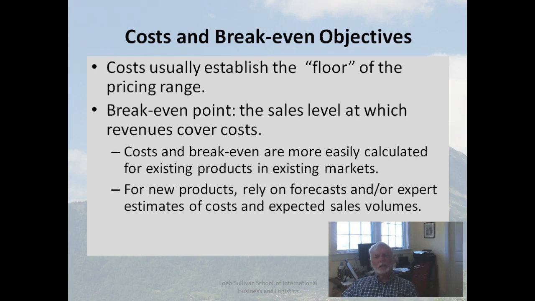And that's a fairly easy thing to calculate for existing products, because we know what our costs are and we know what they will presumably be in the near future. For new products, it's a lot harder. We have to estimate costs because we've never offered this product before, so we don't know our manufacturing costs, we don't necessarily know our distribution costs, we don't know all sorts of things.